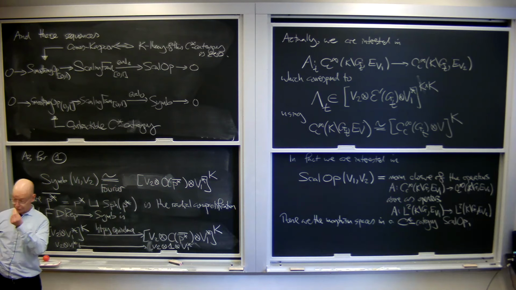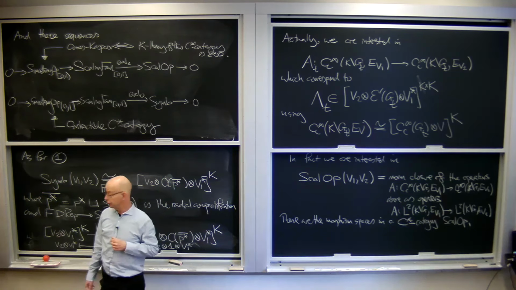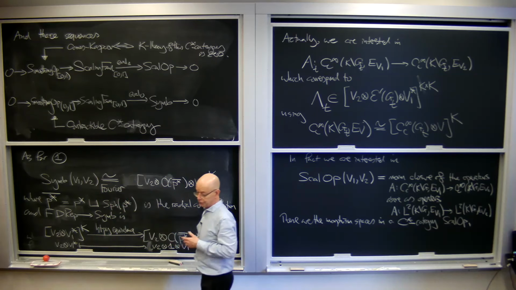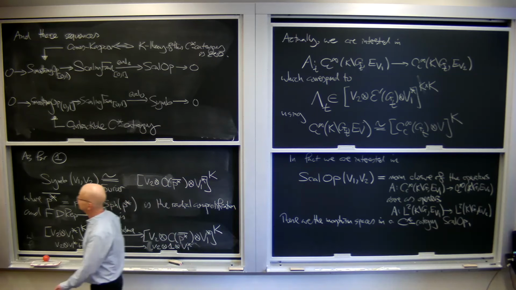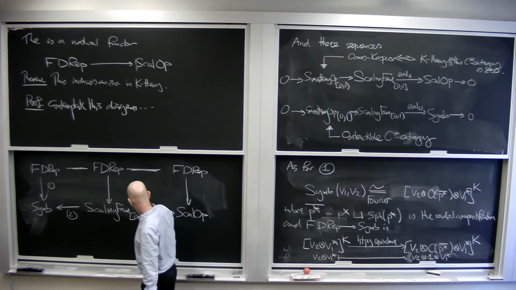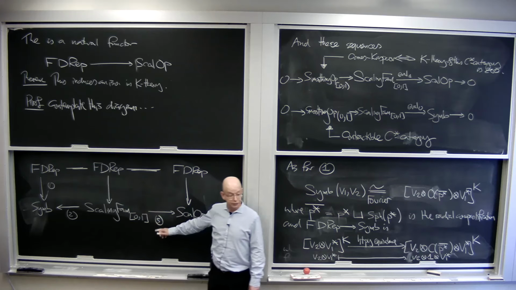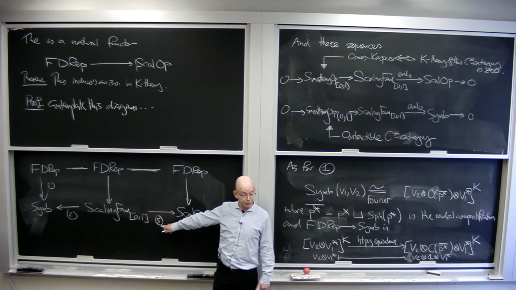So if an operator is 0, then the whole scaling family has to be 0 too, or at least a smoothing family. Buried in this argument are all of the various steps we took along the way in the first part of the class. And also not so buried at all, very evident in this argument is the fact that the Connes-Kasparov isomorphism is playing a critical role. It's translated into the statement that this map 3 is an isomorphism in K theory.